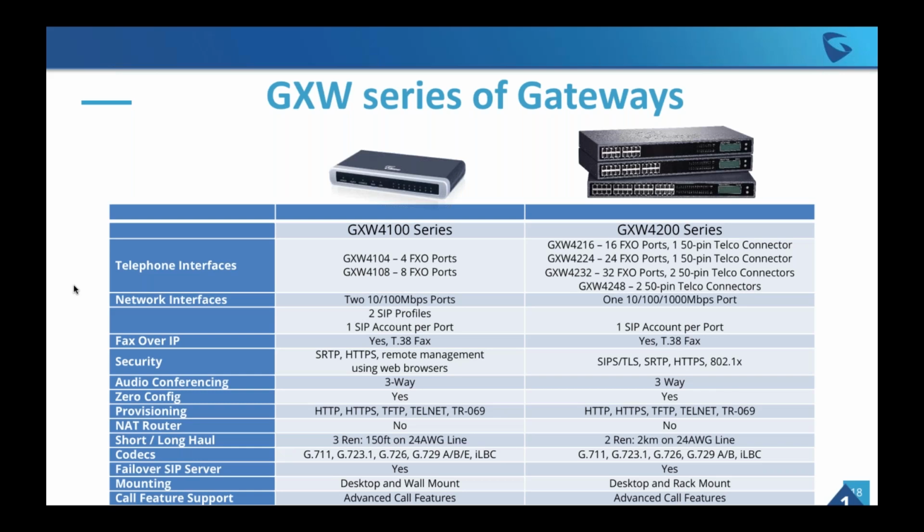The other difference with the 4200 series, as you see in the network interfaces, is they offer gigabit speeds, whereas the 4100 series, which is a little bit of an older model for us, it's probably been out for 7 or 8 years now, works on your standard 10/100 megabit per second ports. That's the main thing to understand: 4200 is high density, gigabit speeds, more ports; 4100 series, either 4 or 8 ports, and your standard 10/100 speeds.